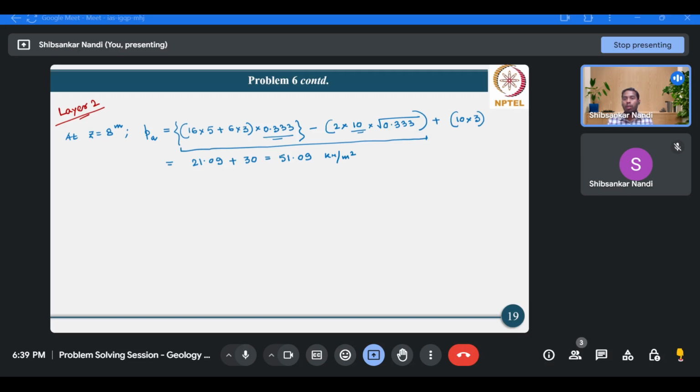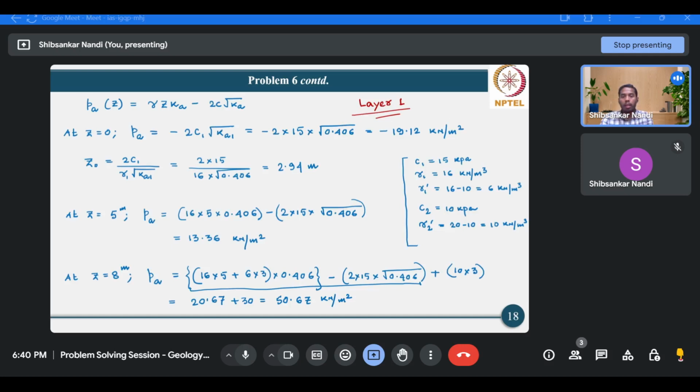Due to the change in the shear strength properties of the layers. So for layer 1, the active earth pressure coefficient was different, and for layer 2, the coefficient is also different. So there will be a shift in the active earth pressure at the same level, from layer 1 to layer 2.